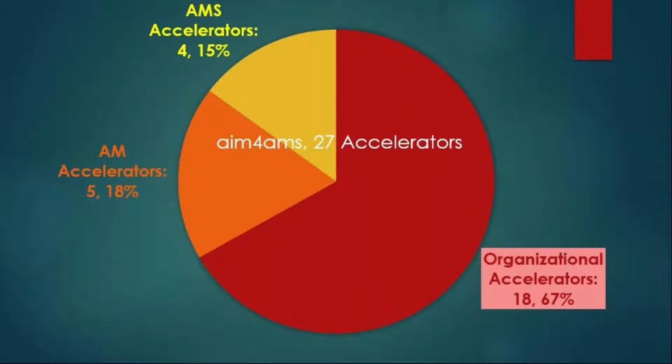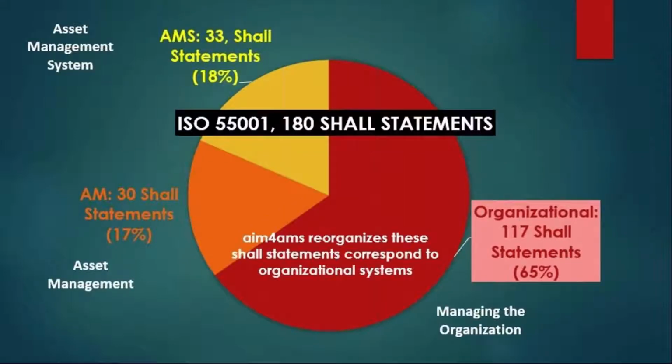And then remarkably, it gets down to the asset management system and the yellow piece. And there's only 33 shall statements that are really the crux of this standard, where it talks about what you actually need to do to comply with the standard, given that you're already doing these organizational things and you're already doing these asset management things.